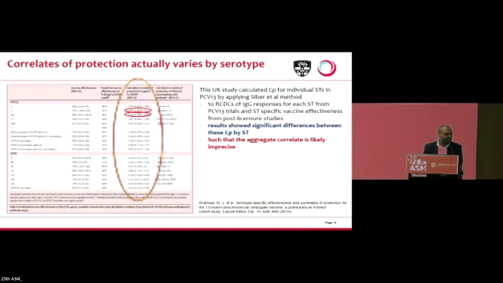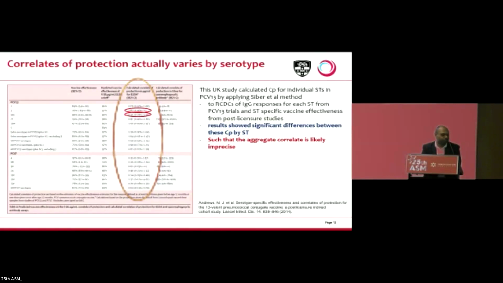And the other thing to note here is that I said that for PCV7, what we had was an aggregate correlate of protection, so it was for all serotypes combined, but more recent data like this study from the UK showed that the correlate of protection actually varies by serotype. So what they did in the UK, this Andrews et al., was that they created these reverse cumulative curves using antibody concentration data from PCV13 trials, and then applied PCV13 vaccine effectiveness estimates for individual serotypes to look at correlates of protection for each individual serotype.